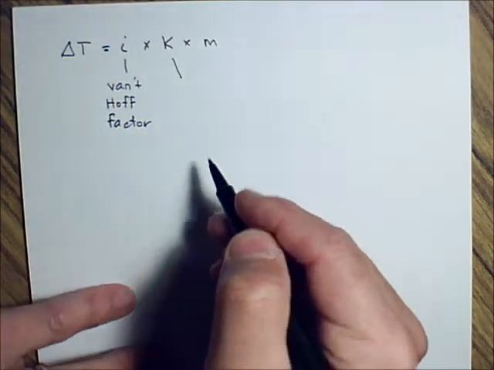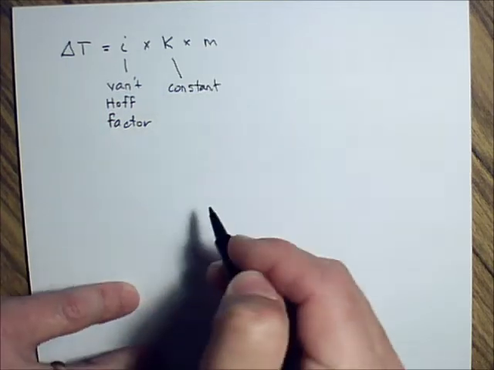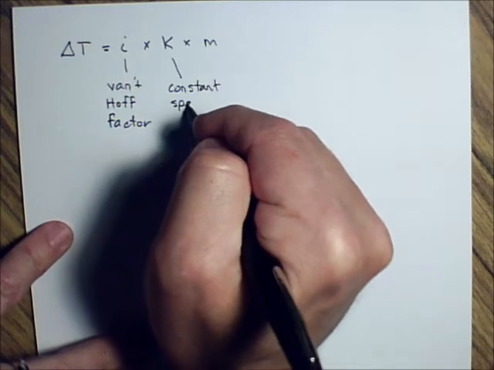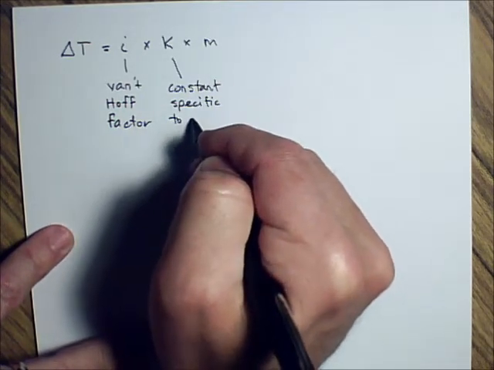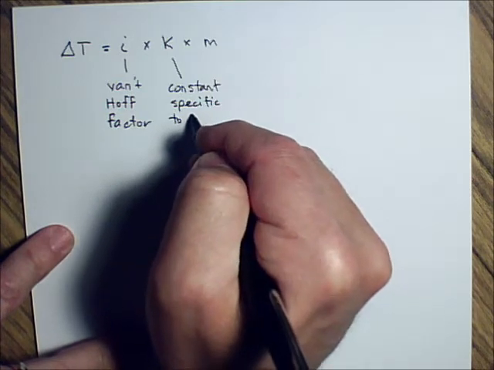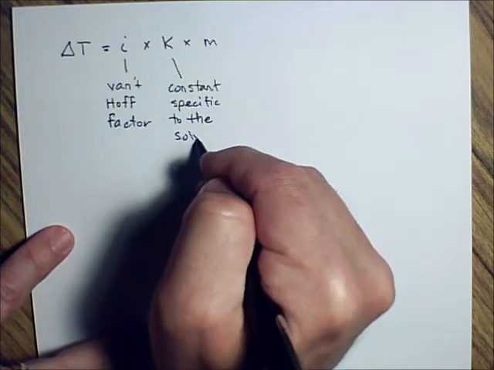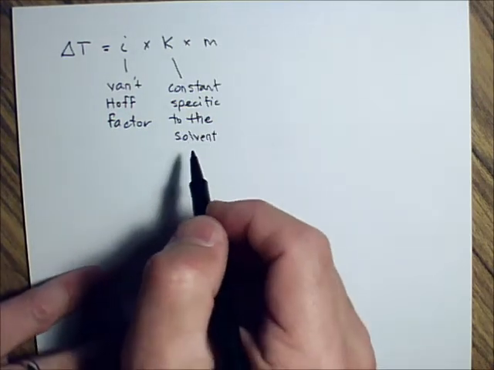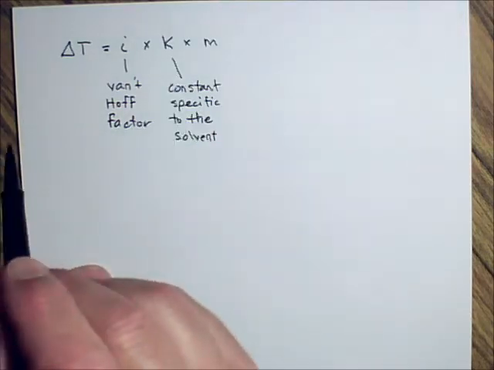All right, so this then is a constant specific to the solvent. Only this solvent, only the chemical that's doing the dissolving, has this constant.